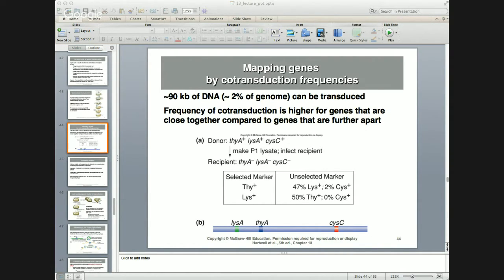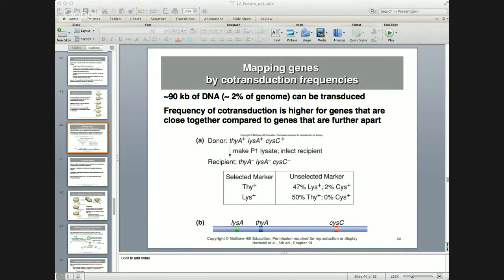So you have the phage DNA integrating into the bacterial chromosome. Phage particles that are able to integrate into the host genome are said to be temperate phages.